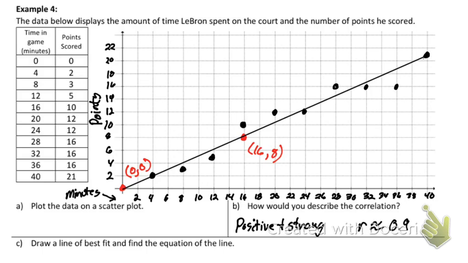The maximum amount of time is 40 minutes. So if I pick any time between 0 and 40, that is called interpolation. It is between the data that was given to me. Same thing with points. We go from 0 to 21 points. Any points we're talking about between 0 and 21 is interpolation. I look at my lowest data point to my highest data point. Anything in between is called interpolation.